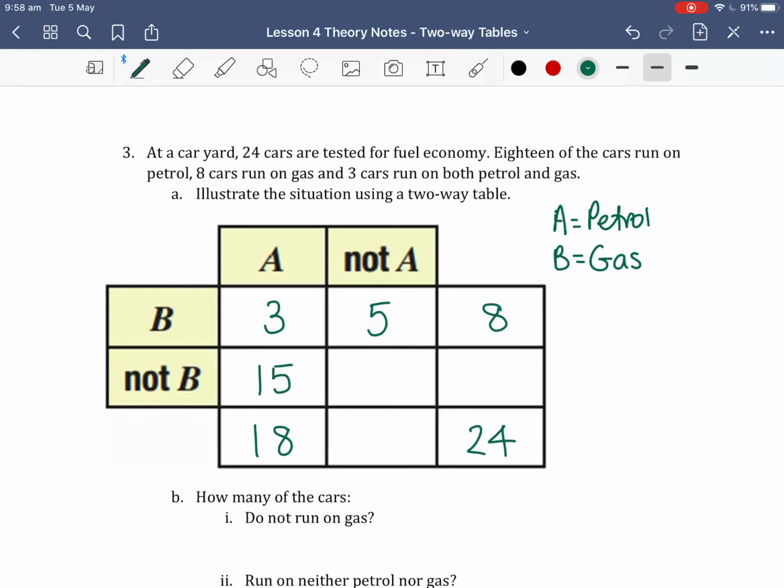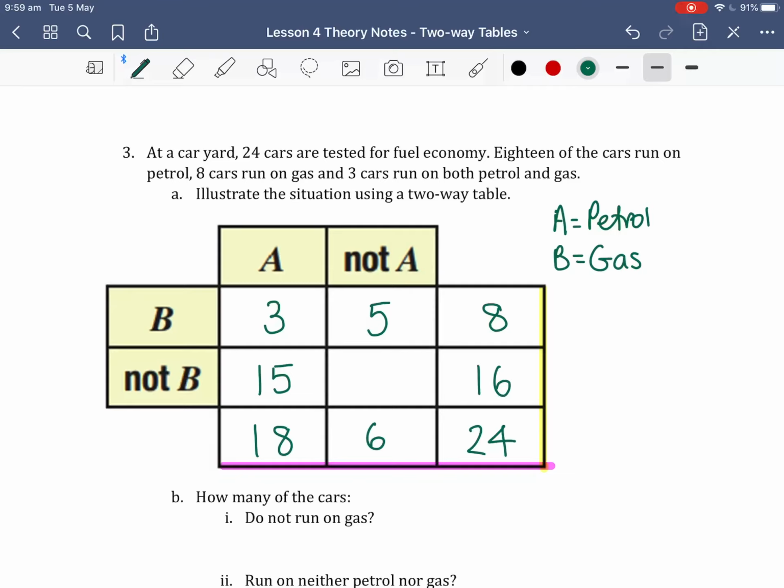We know that our 18 plus something must equal 24, so if we go 24 minus 18, we get 6. And we know that our 8 plus something must equal 24, so if we go 24 minus 8, we get 16.